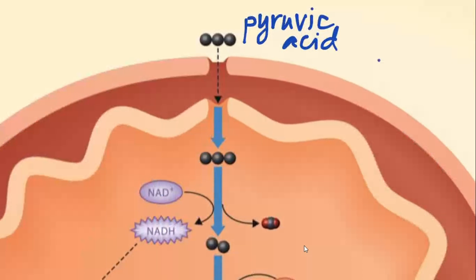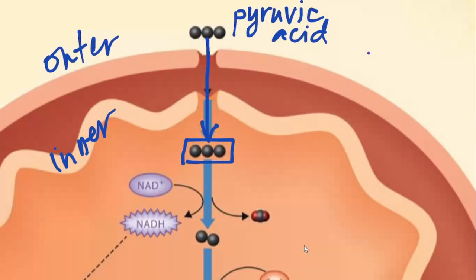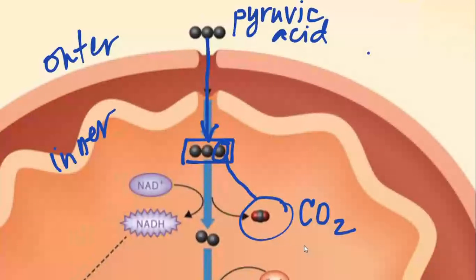Okay, so the first thing that happens is that this pyruvic acid gets imported through both the outer and inner membranes until it's in the matrix. So here it is now in the matrix. And there, the cell is able to remove a carbon dioxide. So one of the carbons that was on the pyruvic acid leaves as carbon dioxide.